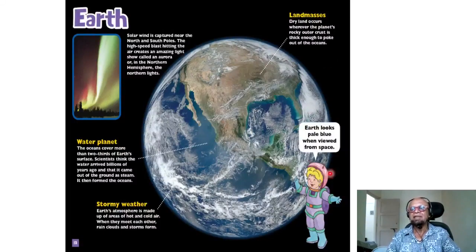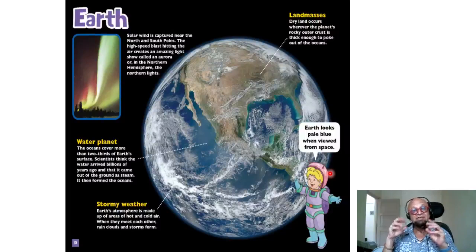Earth looks pale blue when viewed from space because remember the Earth's energy coming in as visible light has all these colors, VIBGYOR: violet, indigo, blue, green, yellow, orange, red. They are scattered or absorbed and reflected by various molecules in the water, in the ocean, on land, in the atmosphere.